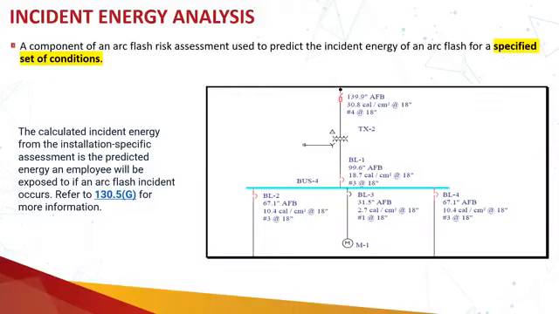We are performing an incident energy analysis, which is a component of an arc flash risk assessment used to predict the incident energy of an arc flash for a specified set of conditions. So if an arc flash happens at this particular location, what will be the incident energy?